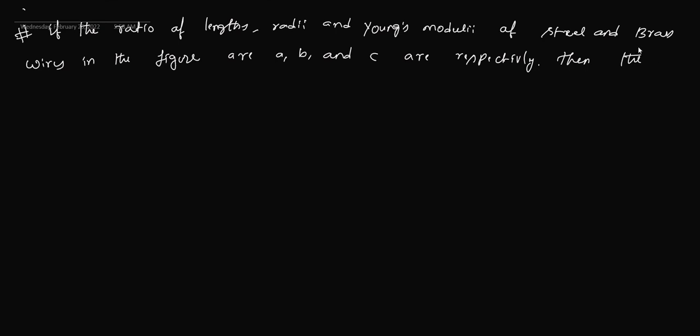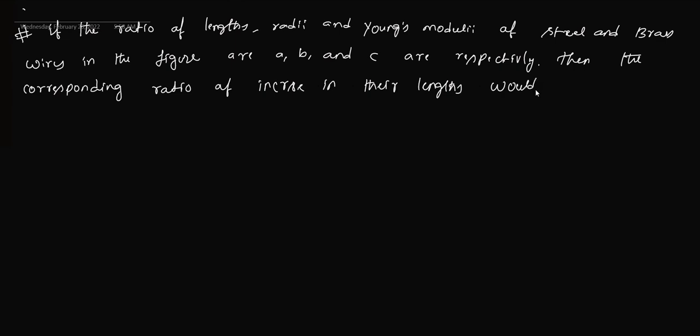Then the corresponding ratio of increase in their lengths would be: option A, 2a square by c, 2a square c by b.